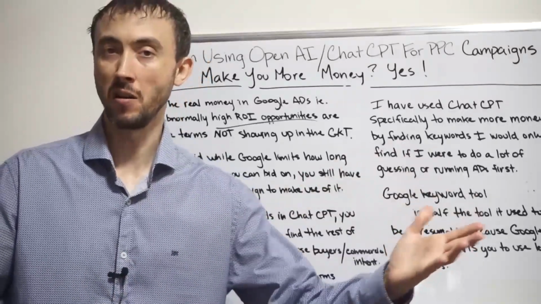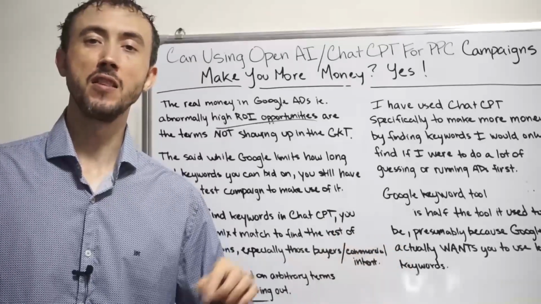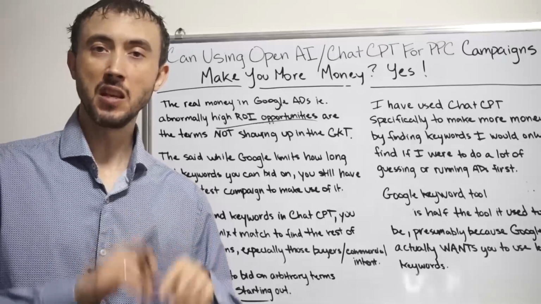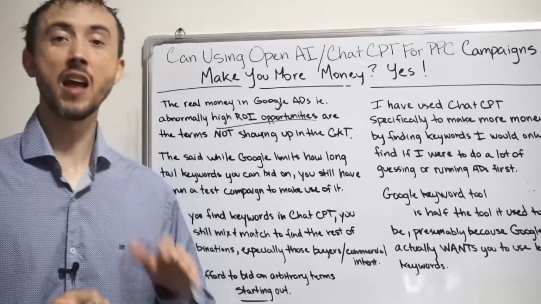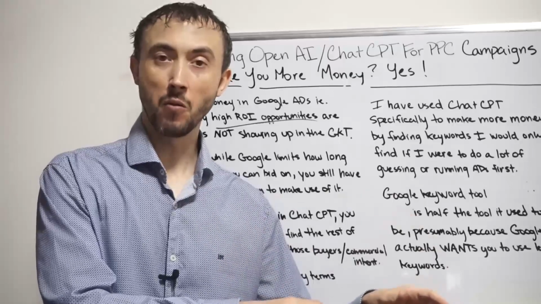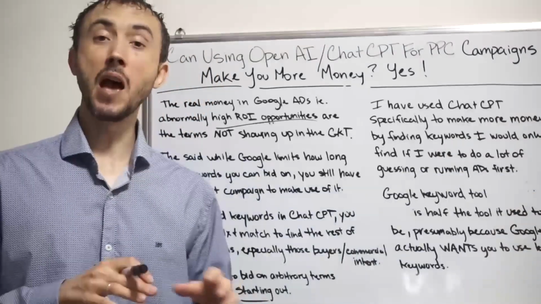Keywords are what you bid on. So I looked at the last year's worth of search terms data in this client's account and what keywords were there. Then I went into ChatGPT and did keyword research, and ChatGPT could find keywords that were in the search terms report that were not in the Google keyword tool, and found most of them.